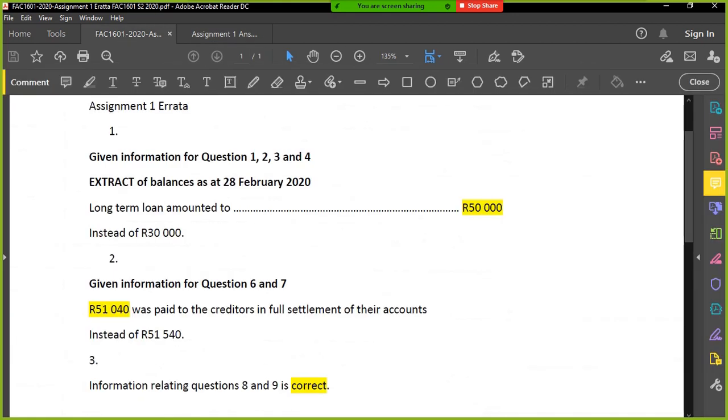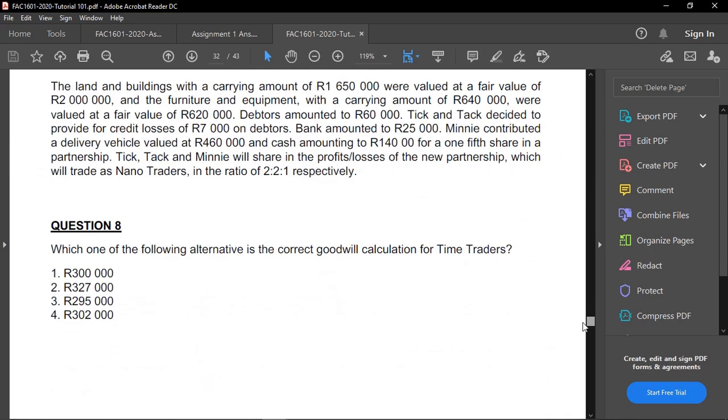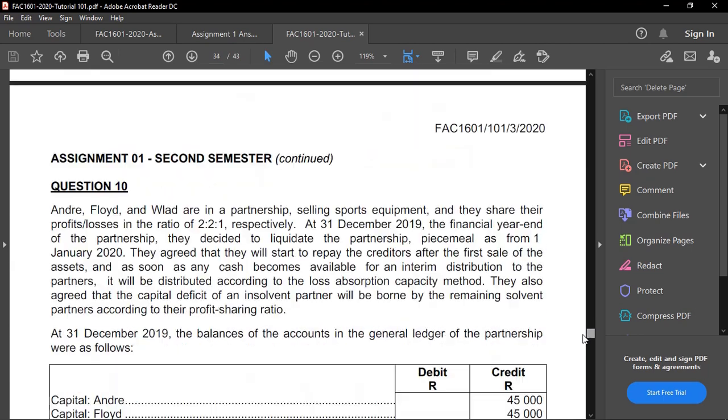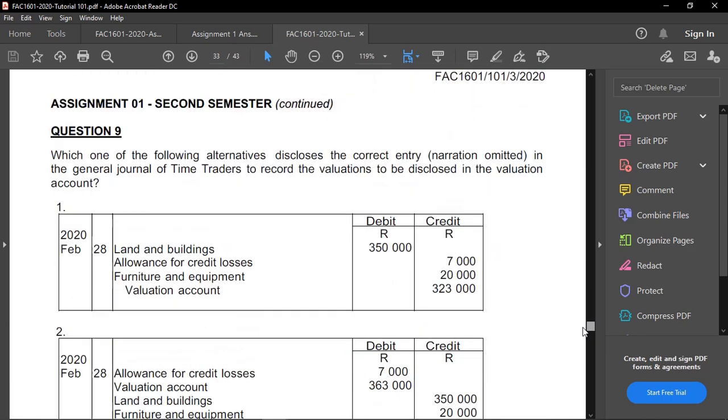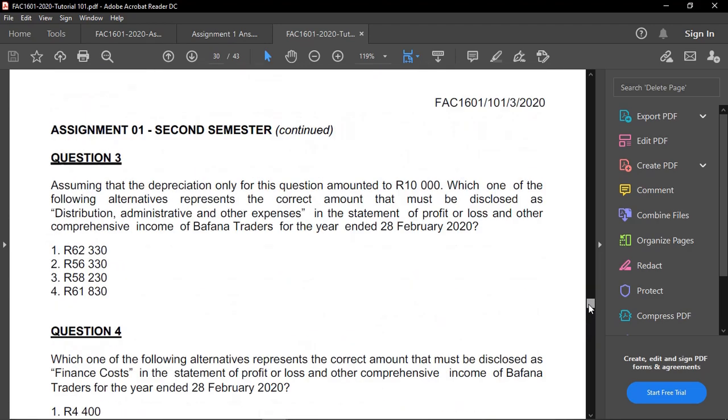We need to go to the question and just have a look at that again. Here's the assignment. This was semester 2. This is question 2 here.